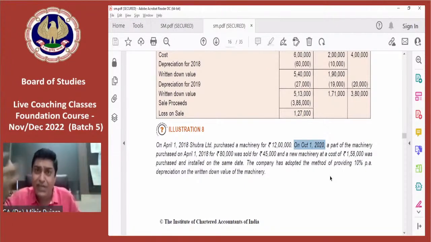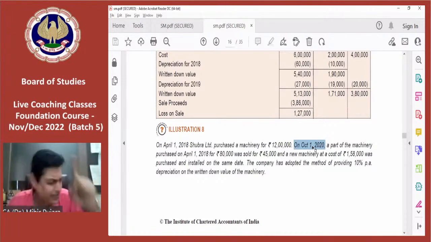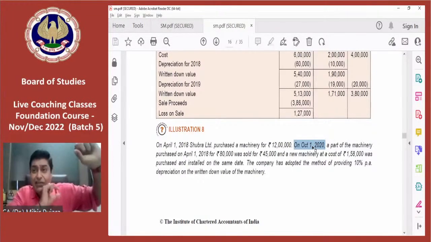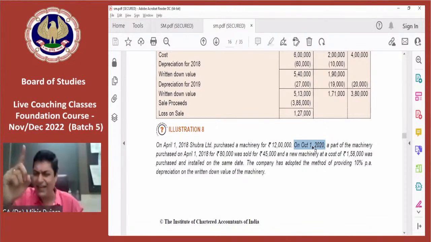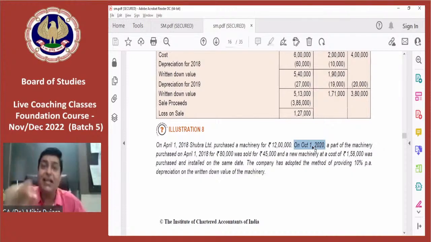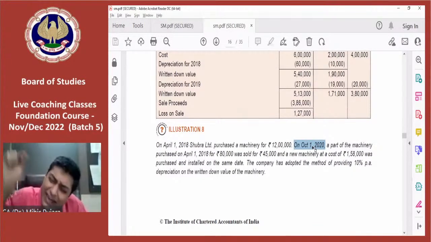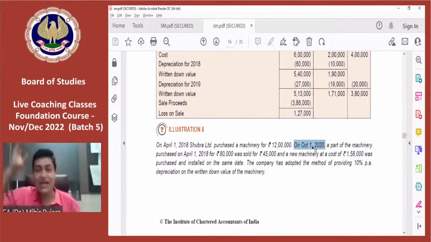Because you are selling the asset on 1st October 20, from 1/4/18 to 1st October 20 the asset account will remain the same at 12 lakh rupees, the original cost, because we are not crediting depreciation in the asset account, but in the PDA account.